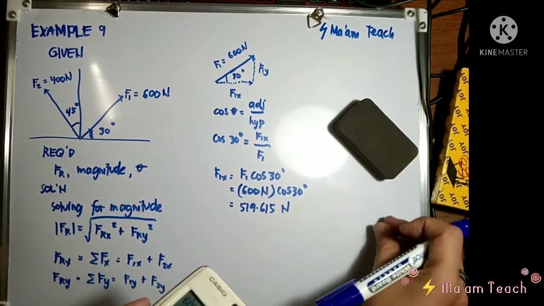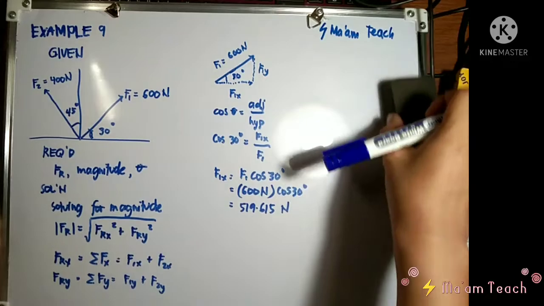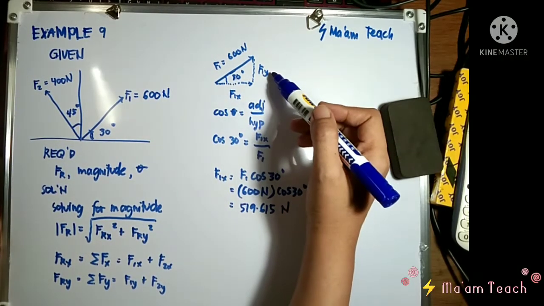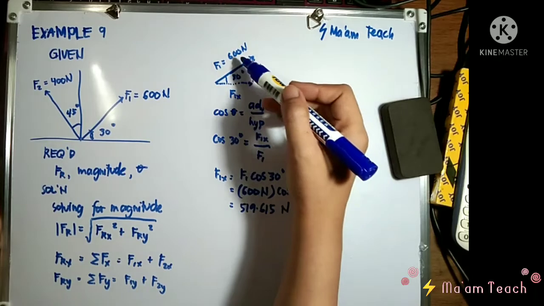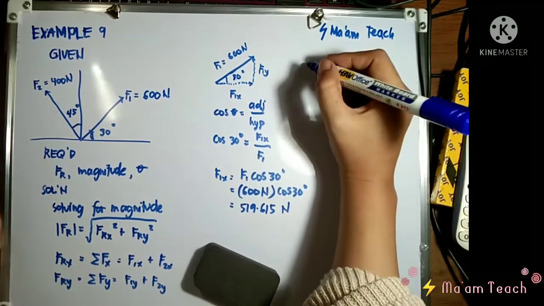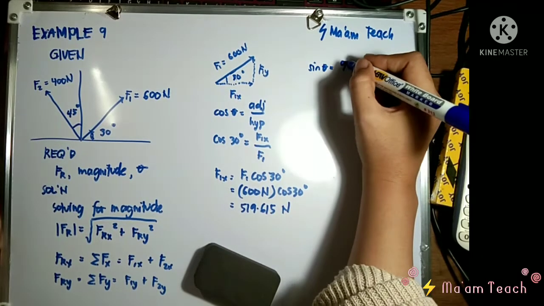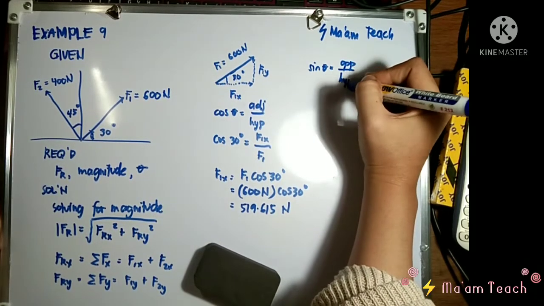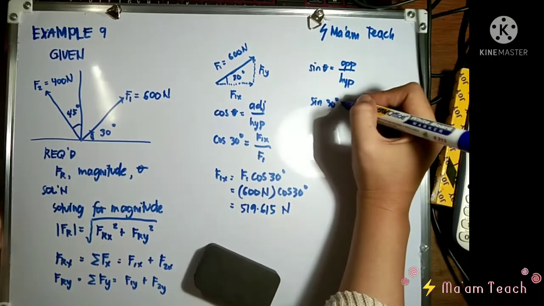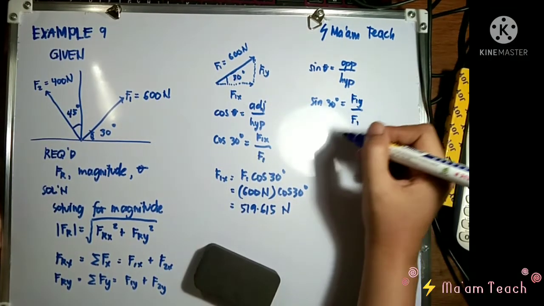Now, how about the y component, class? Looking at the figure, F1y is opposite of the angle, and here is the hypotenuse, so we will be using sine. Sine theta is opposite over hypotenuse. So we have sine 30, opposite is F1y, and the hypotenuse is F sub 1.